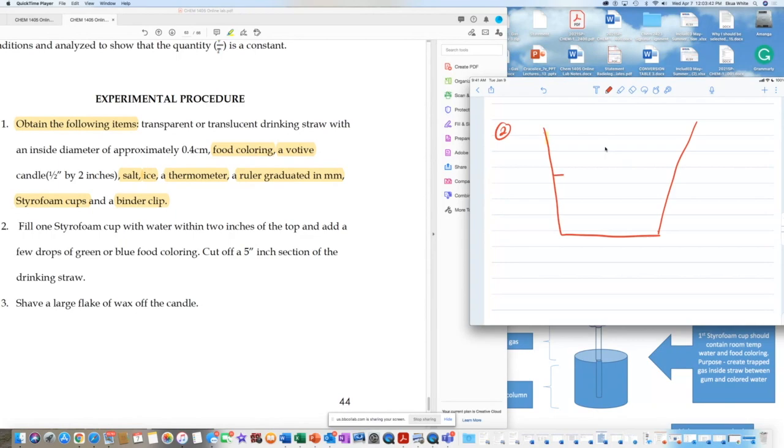and we have water. I've tried it on campus where 2 inches from the top was not deep enough, because it didn't tell you what size of styrofoam cup. On campus, we have large cups and small cups. When we use a small cup, the liquid in here was not enough. So I would say, just to be safe, add a lot of water.